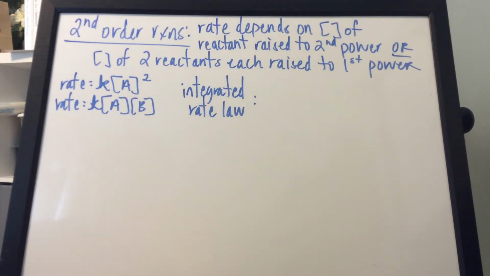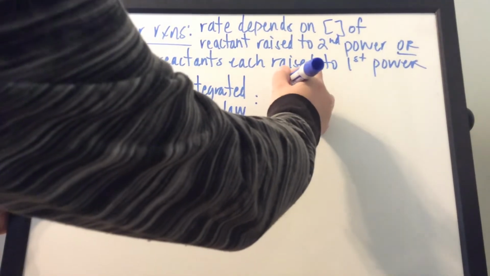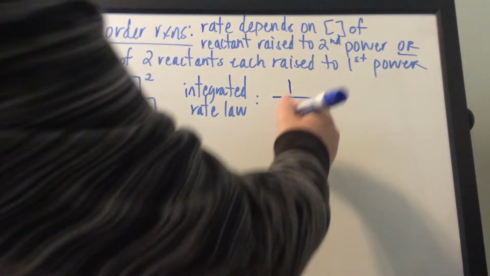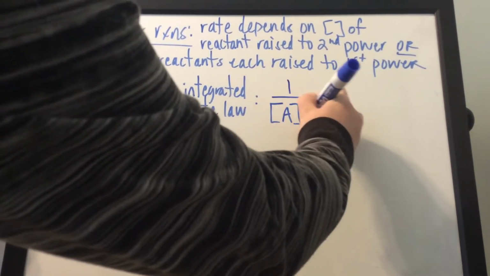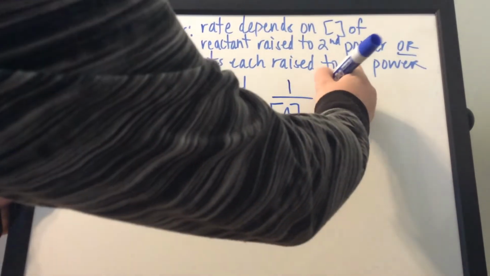This one looks slightly different, so I'm going to go ahead and write it. We know what's coming is slope-intercept form, so I'm going to write it that way. And this time, it might make you happy to know that there's no natural log. It's kind of nice.